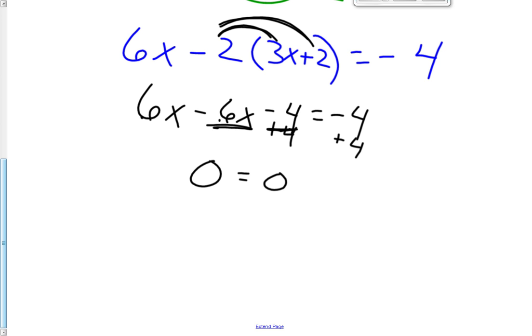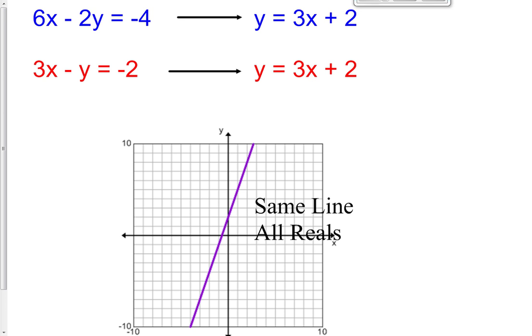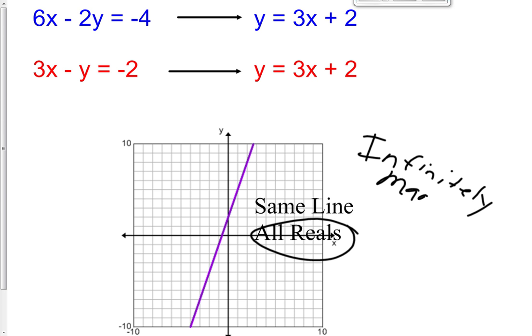If that ever happens, class, what that means is that the lines are the same line, meaning that the lines line up right on top of each other. What happens when the lines are the exact same? It's all real numbers, or infinitely many solutions.